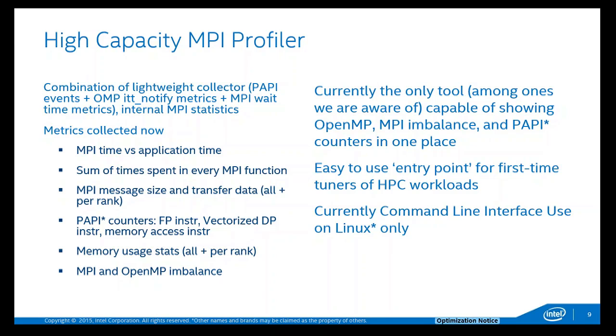The tool also helps you categorize if something is good or bad, whether the time spent in MPI is what you were expecting as a developer, or if it's higher than expected. It also gives you a breakdown of some of the message sizes and the transfer data. I showed you a screenshot of the lightweight statistics that Intel MPI does, and it grabs all of that information and provides it to you.